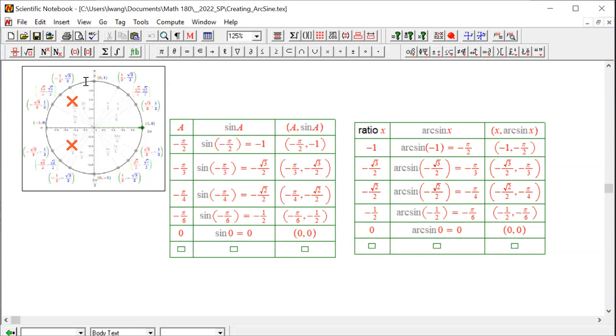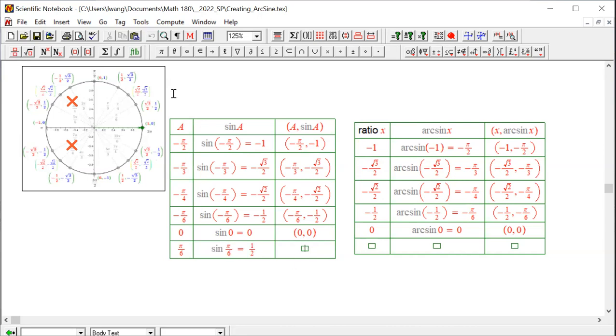The next one is pi/6. So we have sine pi/6 equals half.